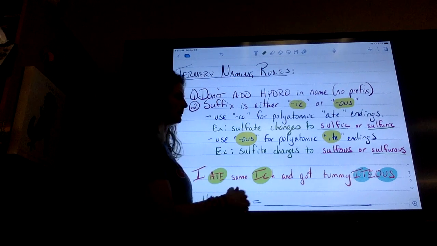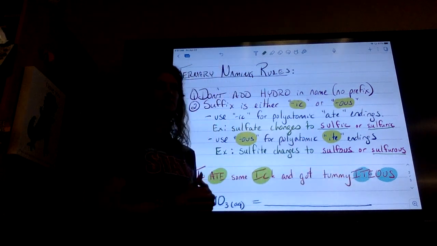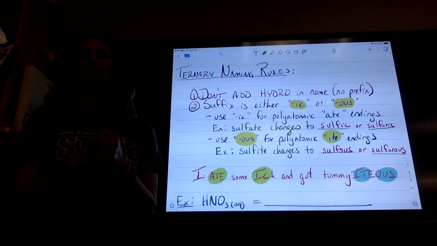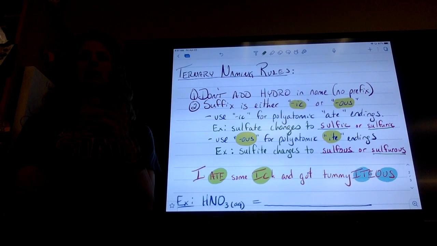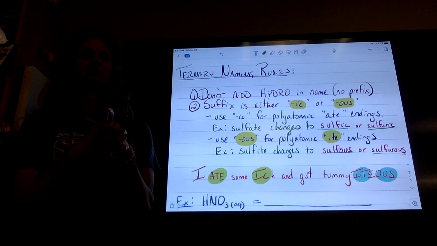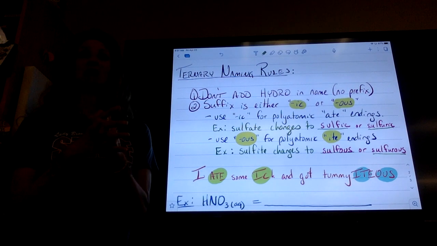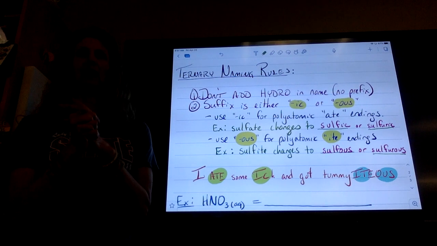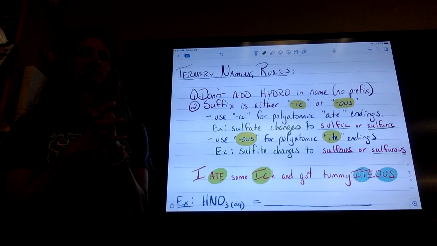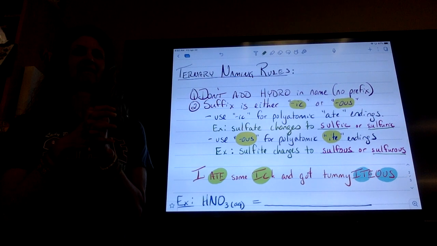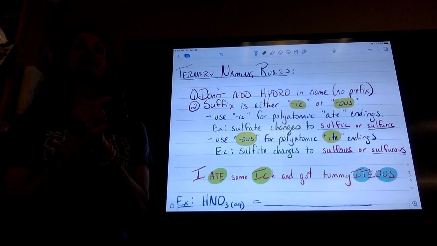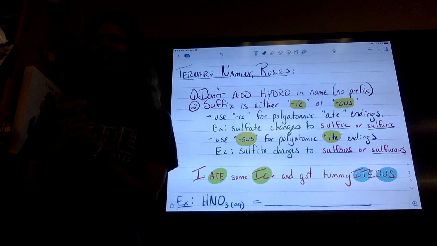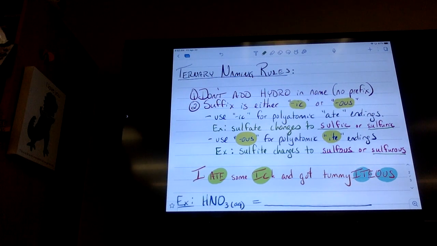If you have a polyatomic ending in ite, it's going to change to ous. Ate and ick go together. I and ous go together. Is it dumb? Yes. And it works. It's hard to remember, but it's not by the time I've said it to you 1,500 times. I ate some ick, like icky stuff. Don't forget it.